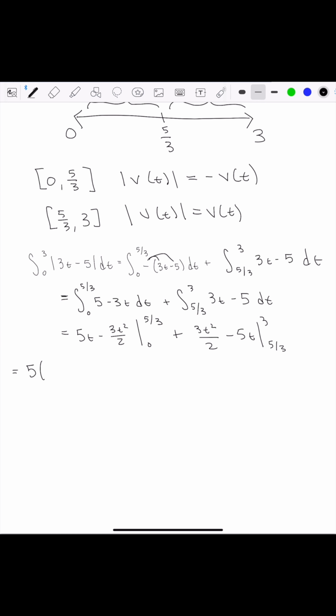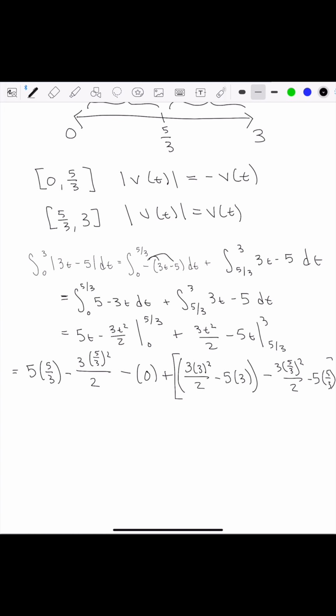So 5 times 5/3 minus 3 times 5/3 squared all over 2. And then minus, all of that would be 0, right? When I plug in 0 into here and into here, it's both 0. So then I plug in 3, and then I have to subtract from that, plugging in 5/3. So then this becomes 25 over 3, and then this becomes 25 over 3 times 3.